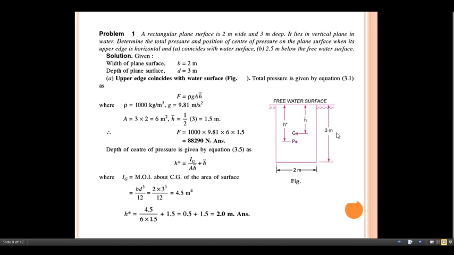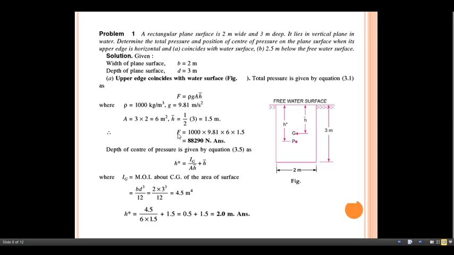The area of this is 3 multiplied by 2, so we get the area of this rectangular shape. Then get the value of h bar. H bar is the distance of the center of gravity from the free surface of the water. So the total height is 3 meter, and half of this gives 1.5 meter.